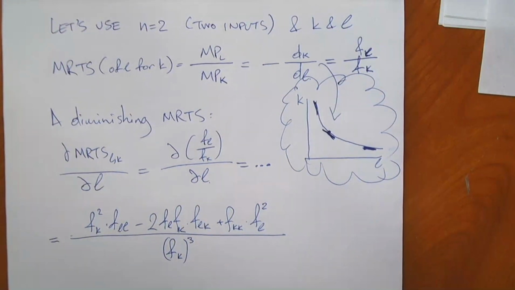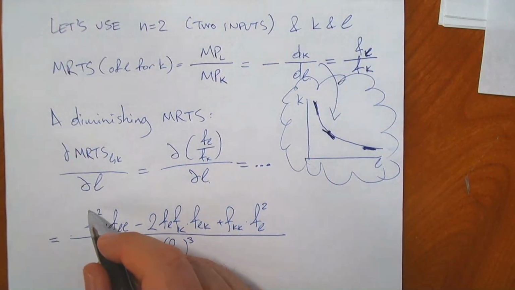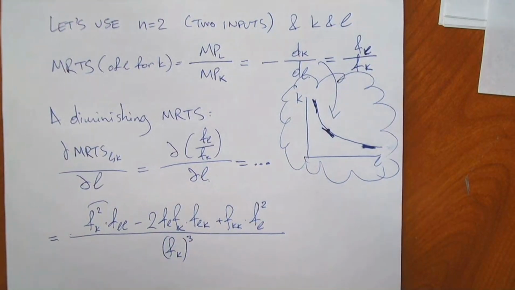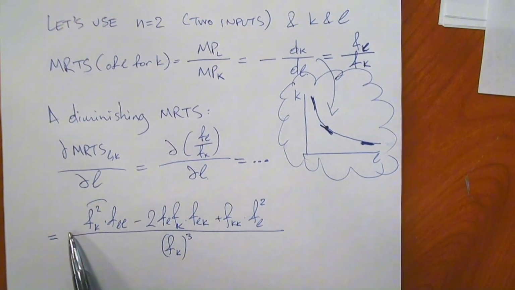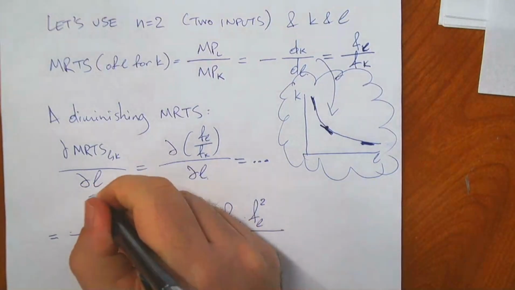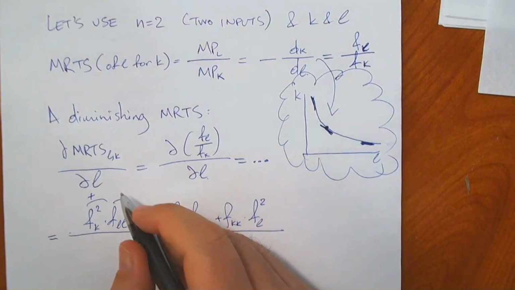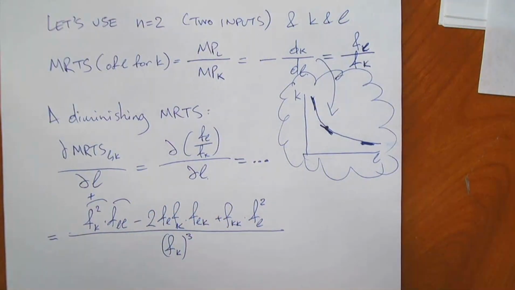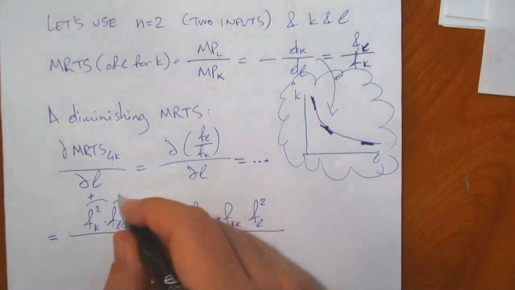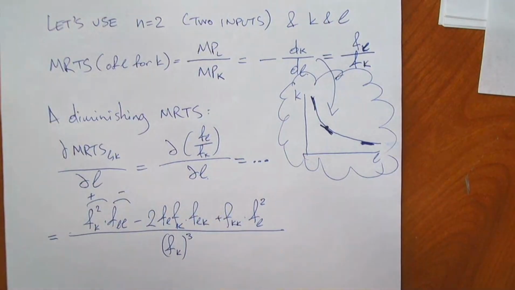If you look at this expression, you can start thinking about the signs here. What is the sign of the marginal product of capital squared? Well, that's going to be positive. What would be the sign of the rate at which the marginal product of labor changes as you are adding labor? That marginal product is going to be coming down, and so on and so forth.